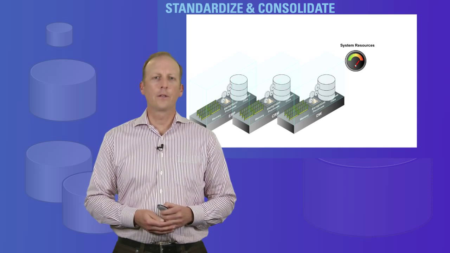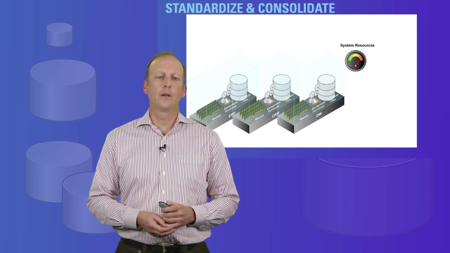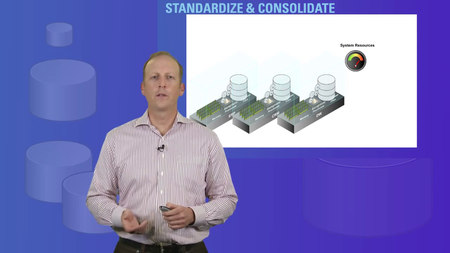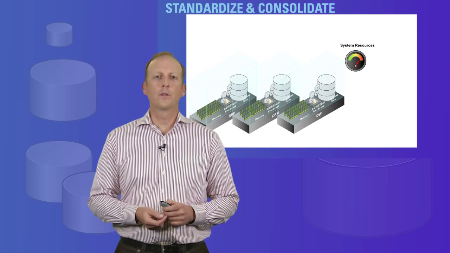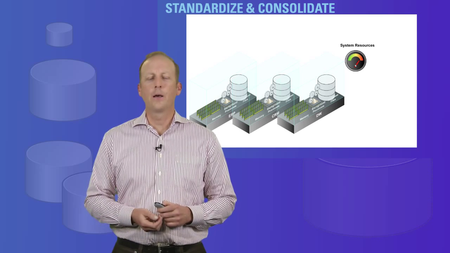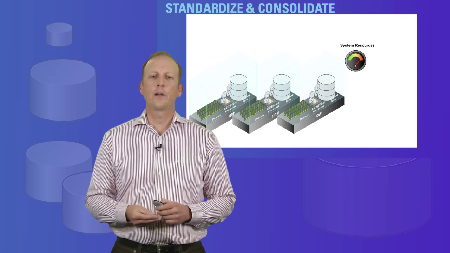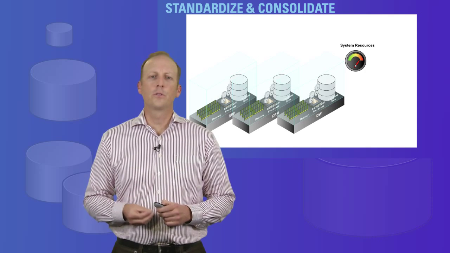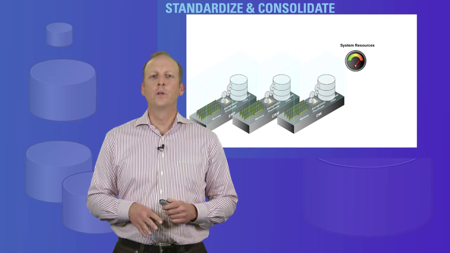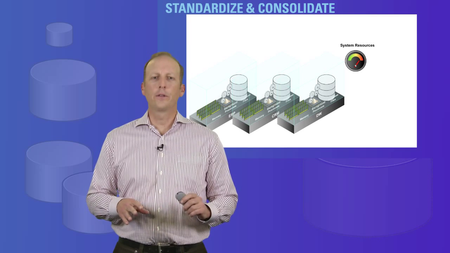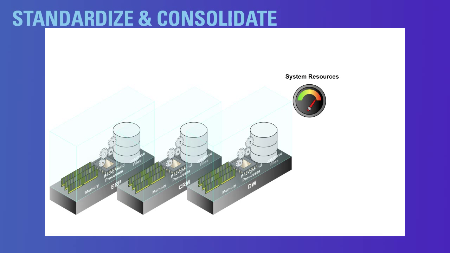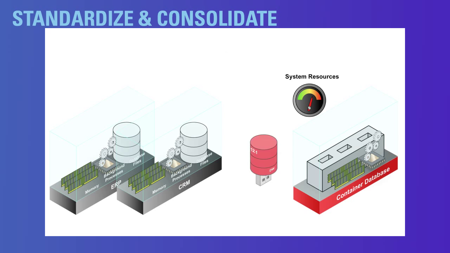Not a very good use of resources at all. In fact, quite expensive. So what Ron was just alluding to with this whole multi-tenant platform that we've come up with in 12c, this goes right at the heart of that problem, and really strives to take away all the waste and the cost and do really smart management.